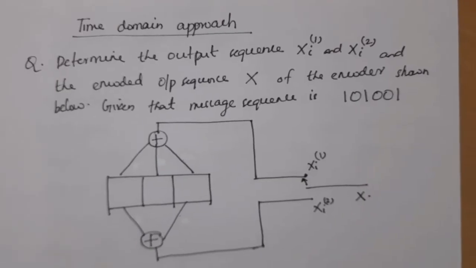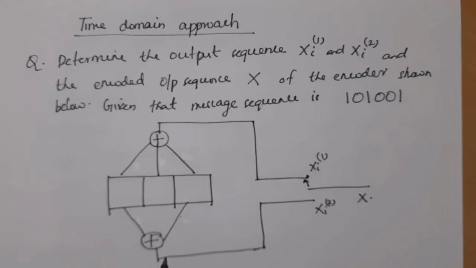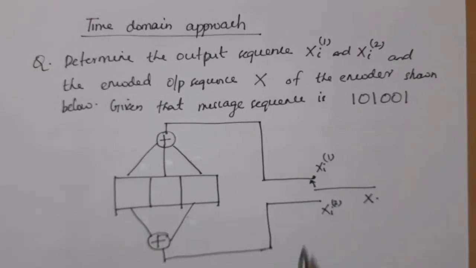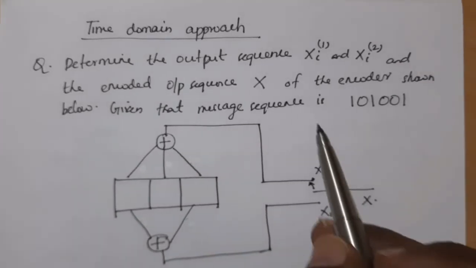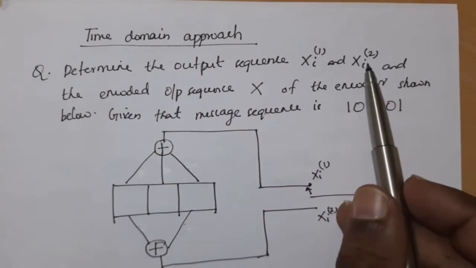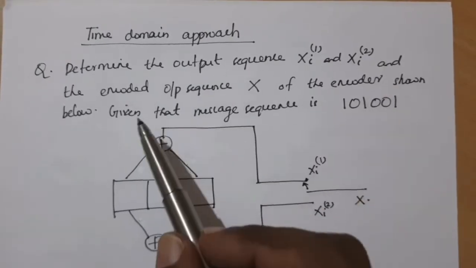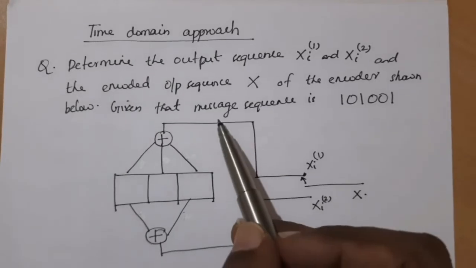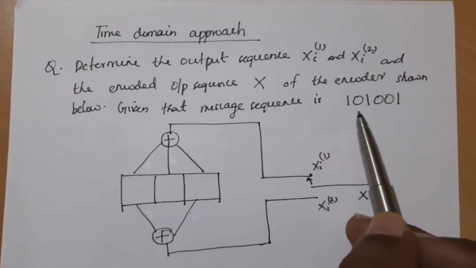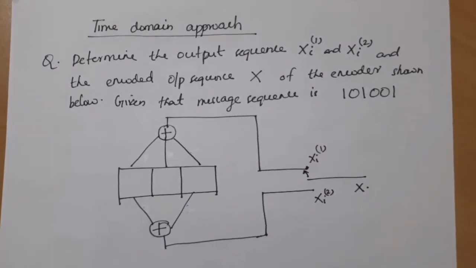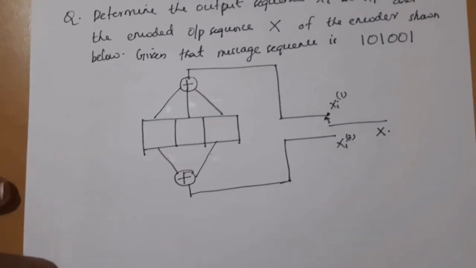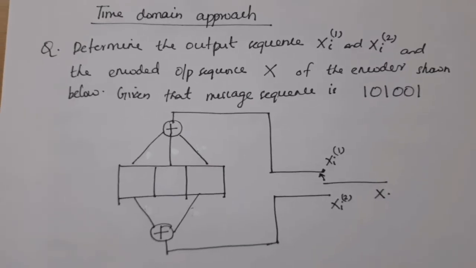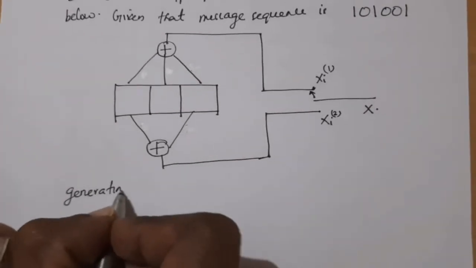Now we will find the output of the convolutional encoder using the time domain approach. Consider a convolutional encoder as shown in the figure. Determine the output sequences xi of 1 and xi of 2 and hence the encoder output sequence x of the encoder shown. Given that the message sequence is 101001. First of all, for the given convolutional encoder, we will find the generating sequence.